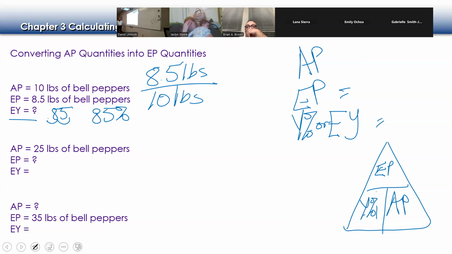Okay. So if I start with 25 pounds of bell peppers, how much can I expect to have after I've processed? What is my edible yield? 85%. So now I've got 2 numbers.